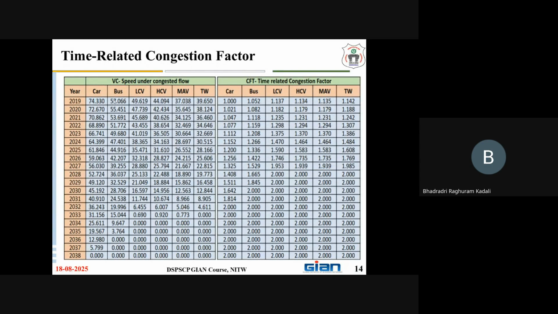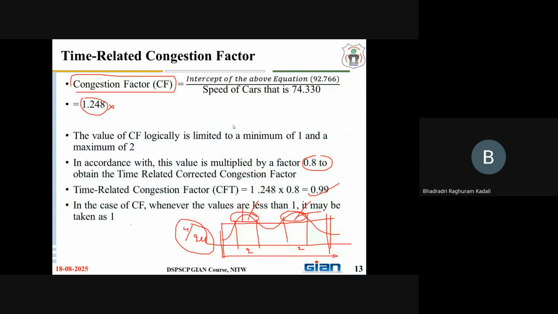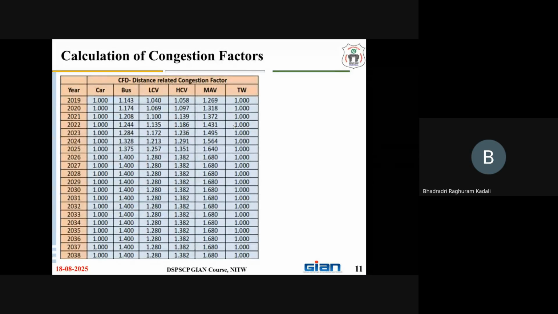The same way, 92.4676 divided by 57.066, like that we are doing for each and every category of the vehicles. So then we are estimating the congestion factors related to time. That's the way we got the CFD, that is the congestion factor related to the distance.